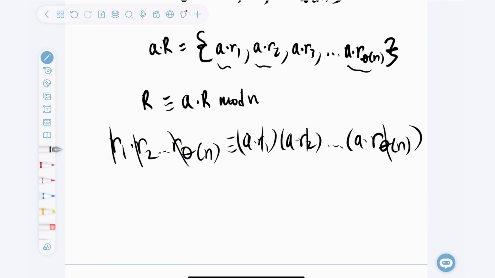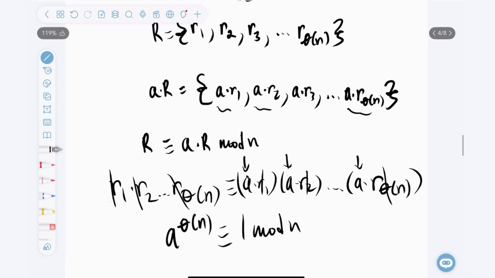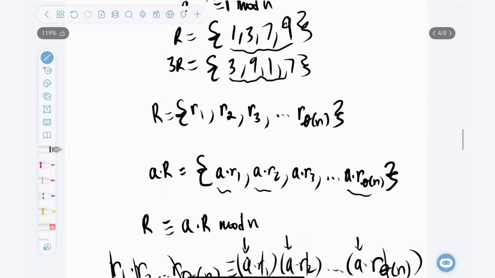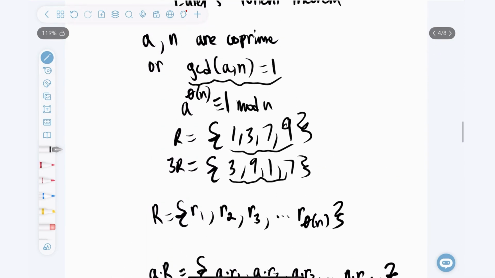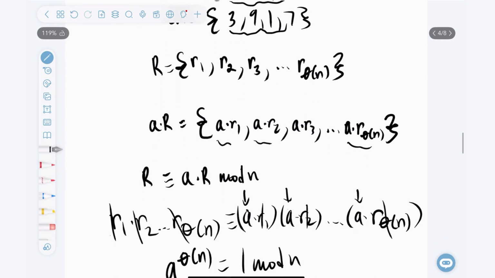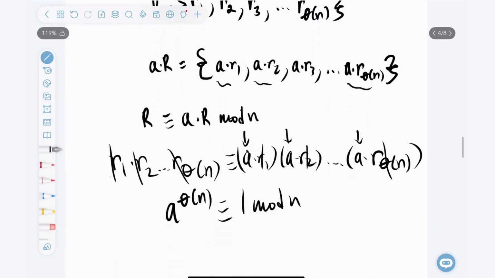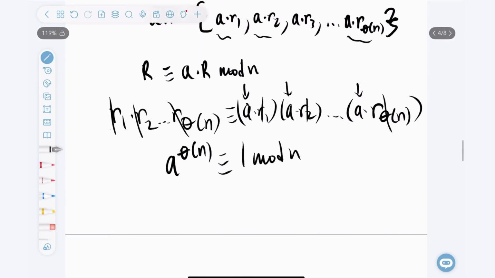And so we see we have phi n number of a's on the right side here. And when we multiply them together, we see that a to the power of phi n is congruent to 1 mod n. And so this proves Euler's totient theorem, where a and n are two numbers co-prime to each other, or GCD equals 1, and a to the power of phi n is congruent to 1 mod n.